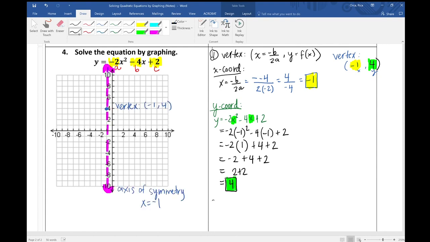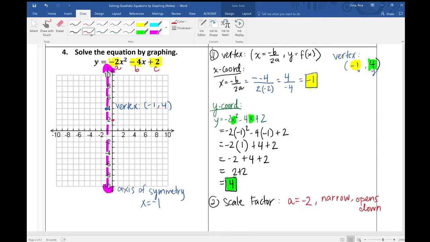Now let's use our scale factor. Our scale factor is negative 2, which tells me that the graph is narrow and it opens down. So from the vertex, I am going to go 1 to the right and 2 units down.